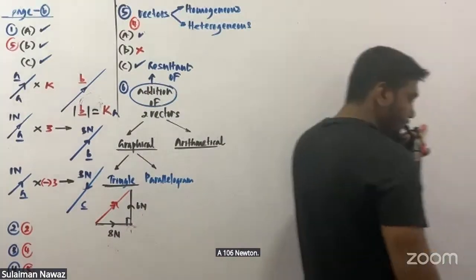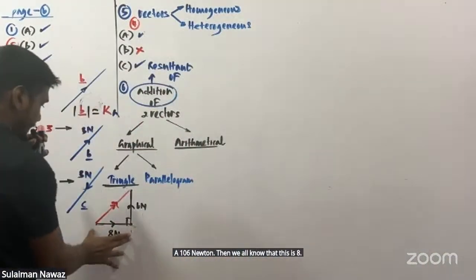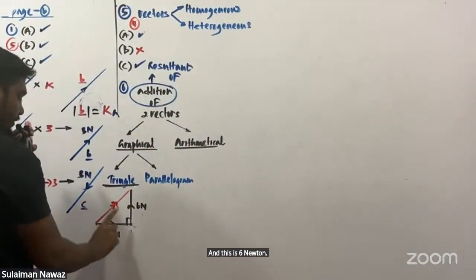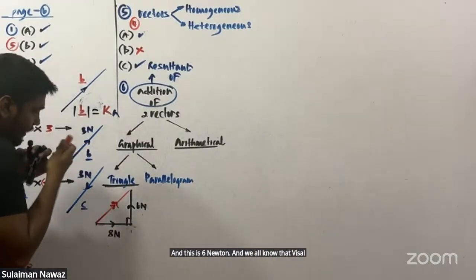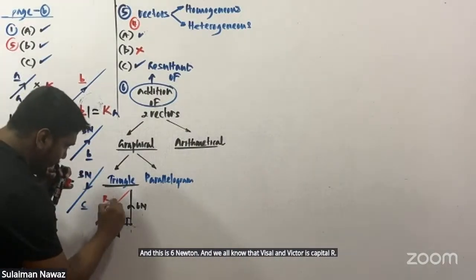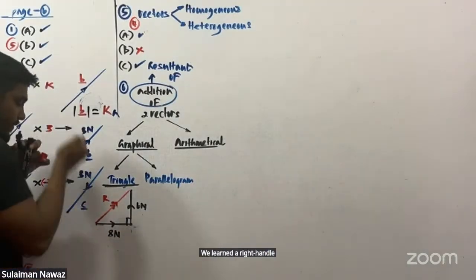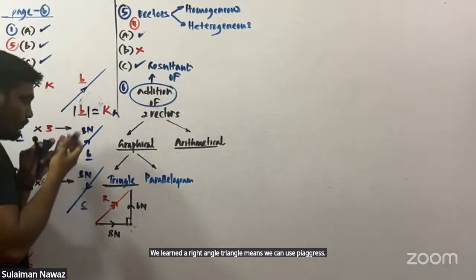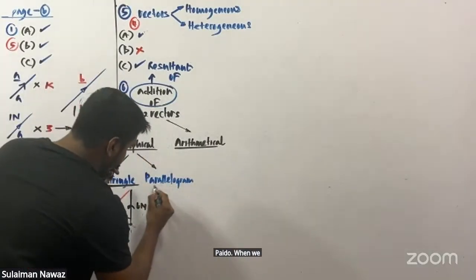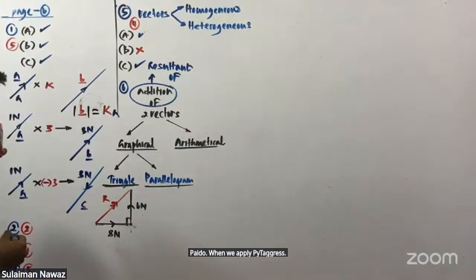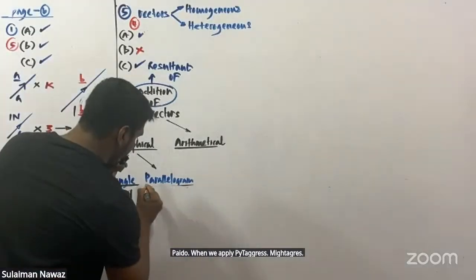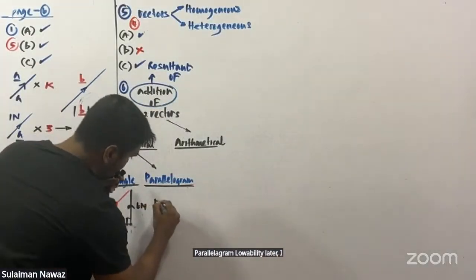This is 8 and this is 6 Newton, and the resultant vector is capital R. Can you find the magnitude of R? It is a right angle triangle, so we can use Pythagoras. The parallelogram law I will teach later.